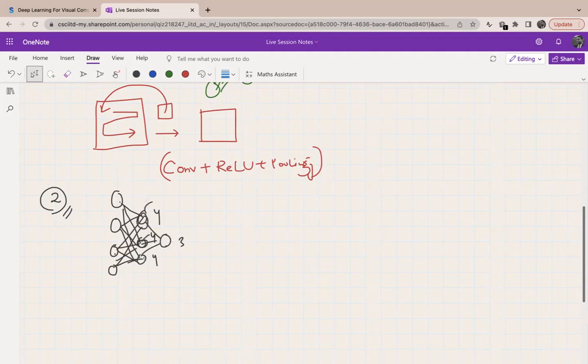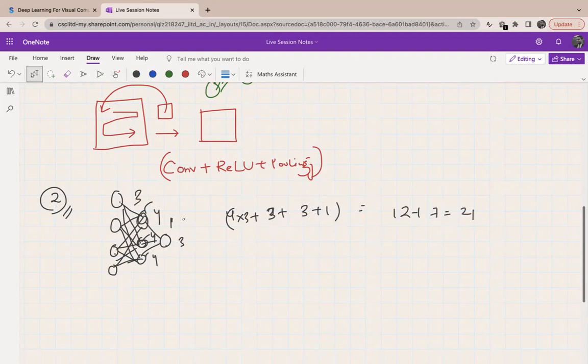And we have one associated bias with every node except the input nodes, so here it is 3 and it is 1. So total is 4 into 3 plus 3 plus 3 plus 1, equals 12 plus 7, equals 20.